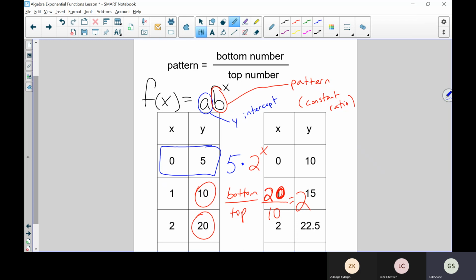You divide. You do all of that, what both of you said. Yes. I need to take any two numbers, doesn't matter which two. If I've already told you it's exponential, you don't have to test them out. The pattern's going to work for every two numbers. Take any two numbers and you take the bottom number, so 20 will be the bottom number, divided by the top number.